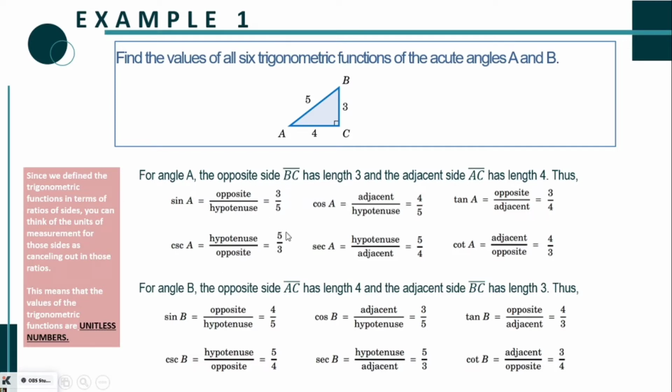As you can observe, we don't have a unit of measurement here. For instance, if this is 3 centimeters and 5 centimeters, then 3 centimeters over 5 centimeters is just 3 over 5, since we can cancel the centimeters. Alright.